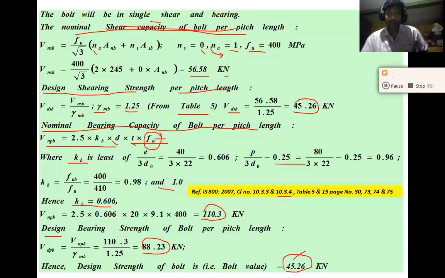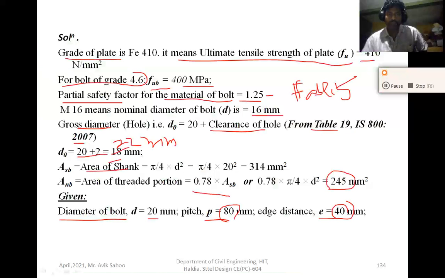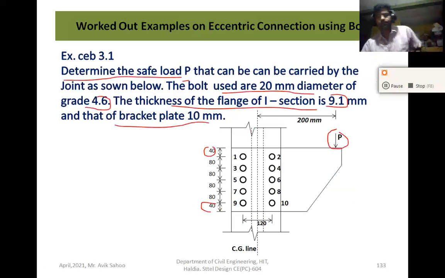So I am showing this in the figure. You see that this bolt and this bolt have the maximum radial distance. So 1, 2, 9, 10 are identical and have the same radial distance, so these bolts are critical.